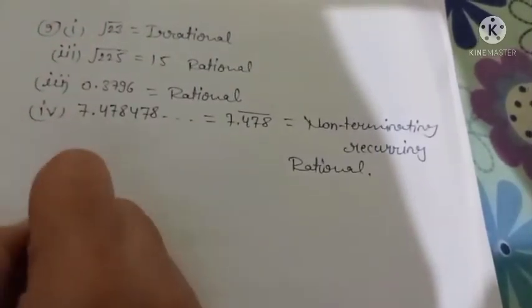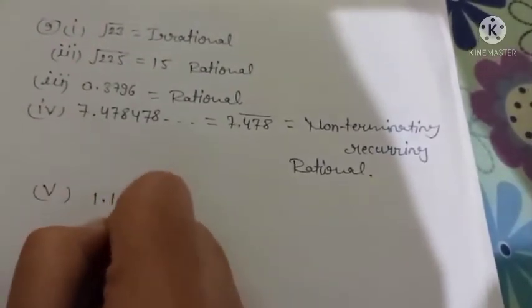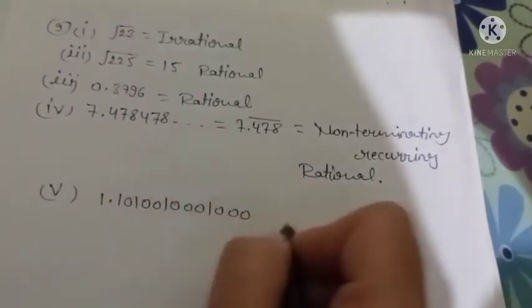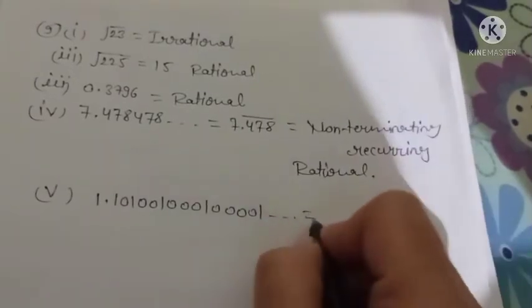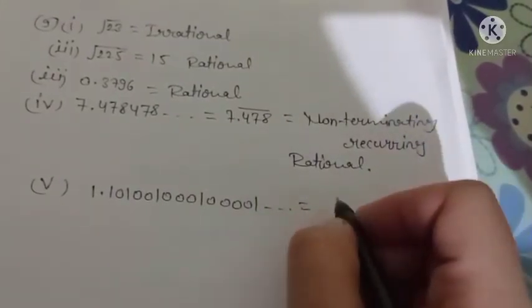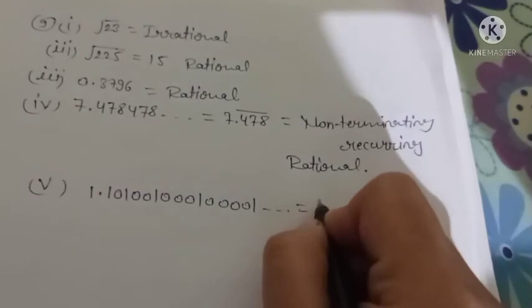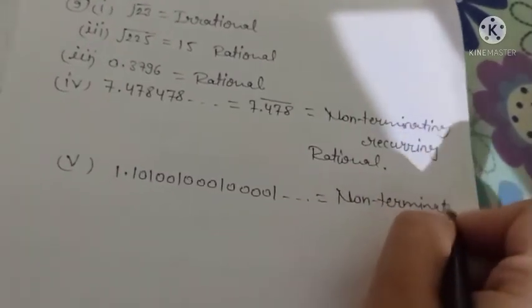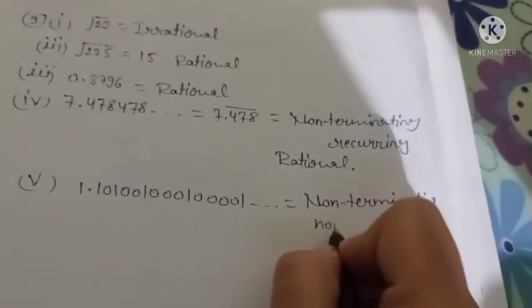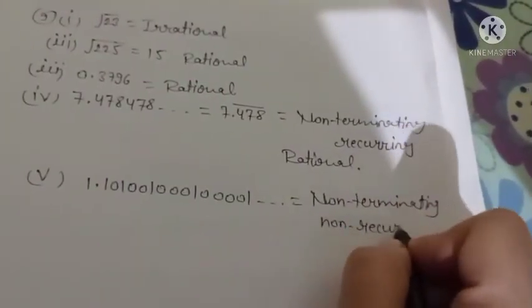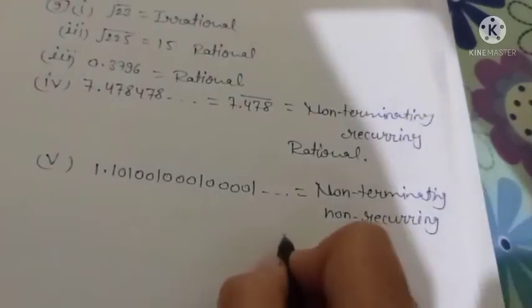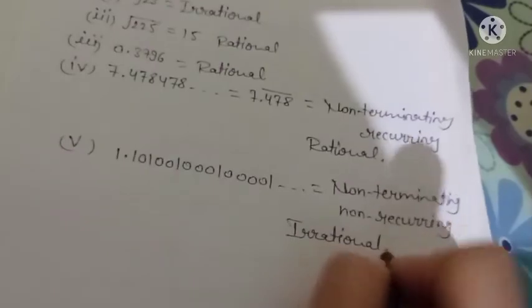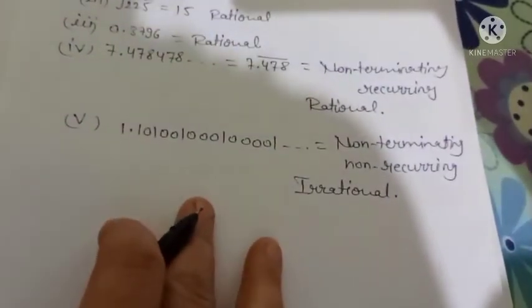And fifth is 1.10 and so on. This is non-terminating, non-recurring. So this is an irrational number. Okay, thank you.